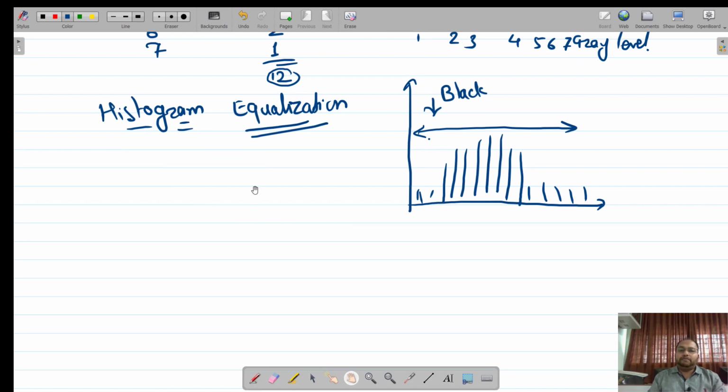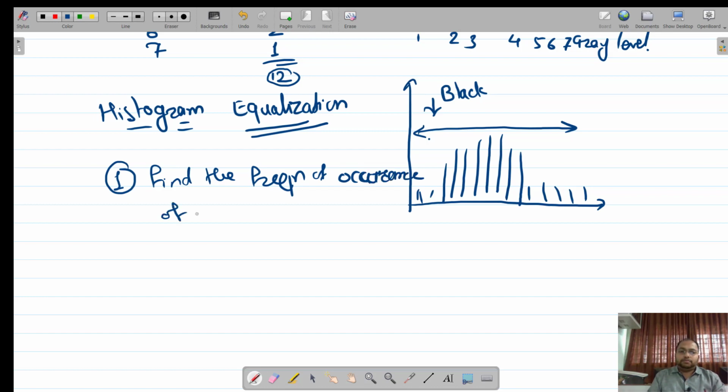The first step is to find the frequency of occurrence of these pixel intensities.